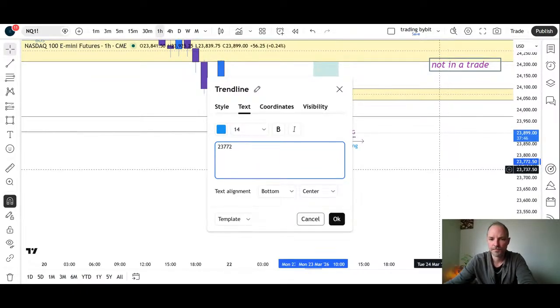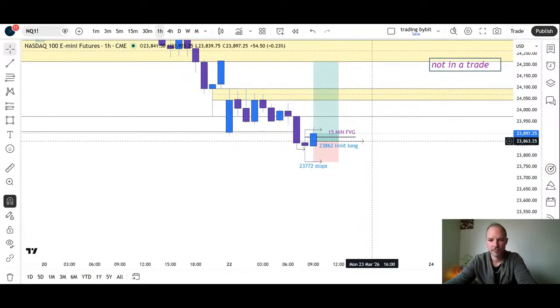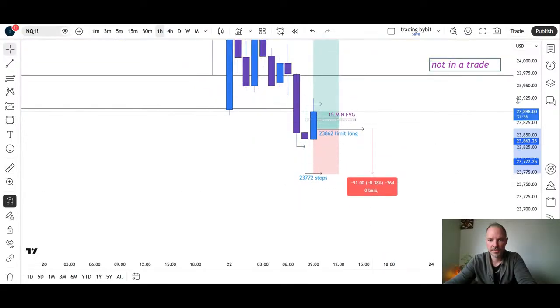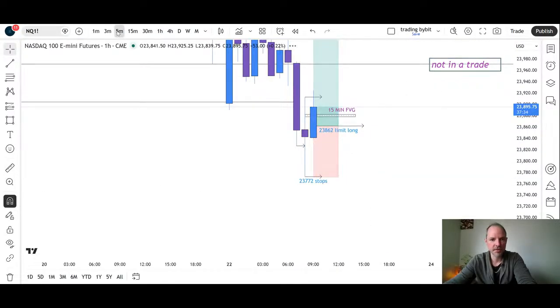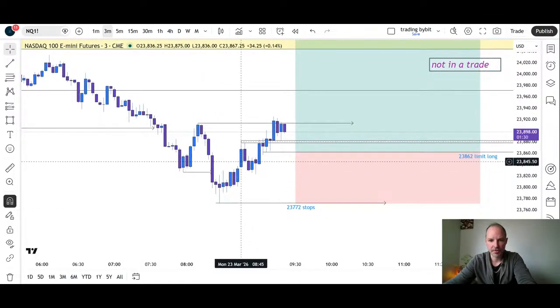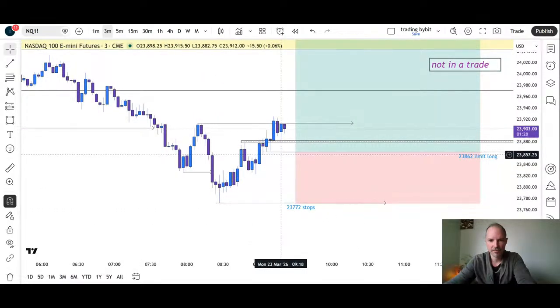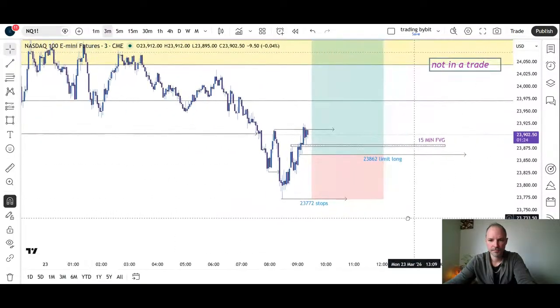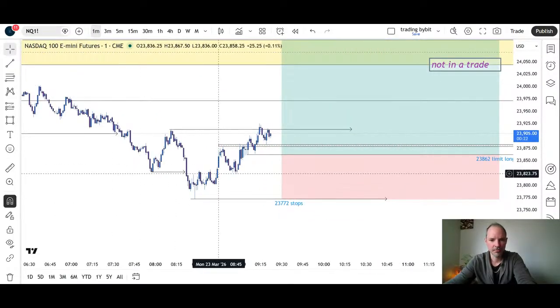23,772. That is a 90-point stop, so that's a decent stop. But I don't see another entry point that we could take, unless we got a lower fair value gap.